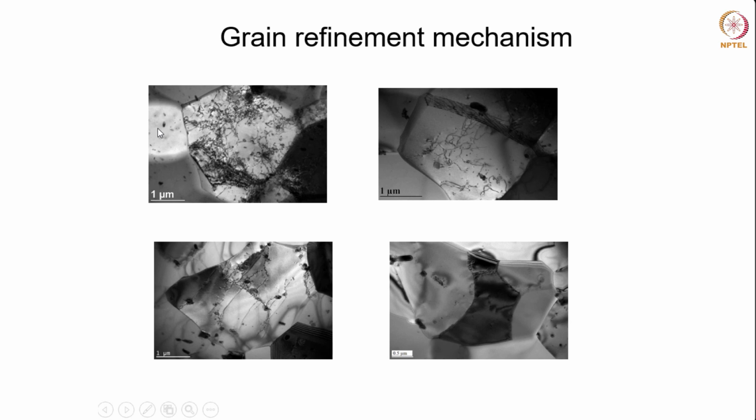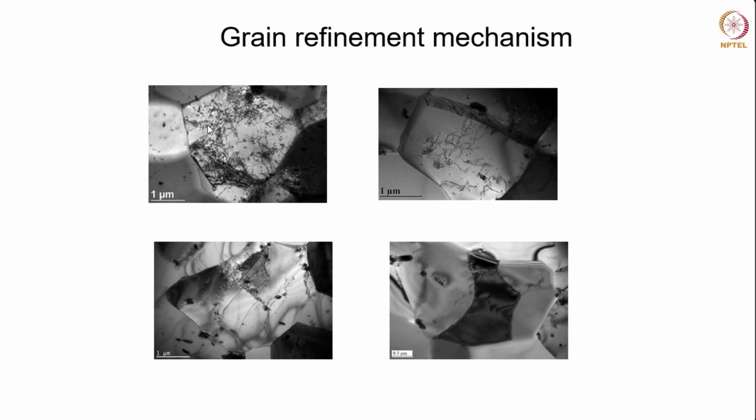If you compare any two grains, for example this one and this one, there is a high gradient in the strain energy because the dislocation density is very different between these two grains. This is what is needed for DDRX to occur.